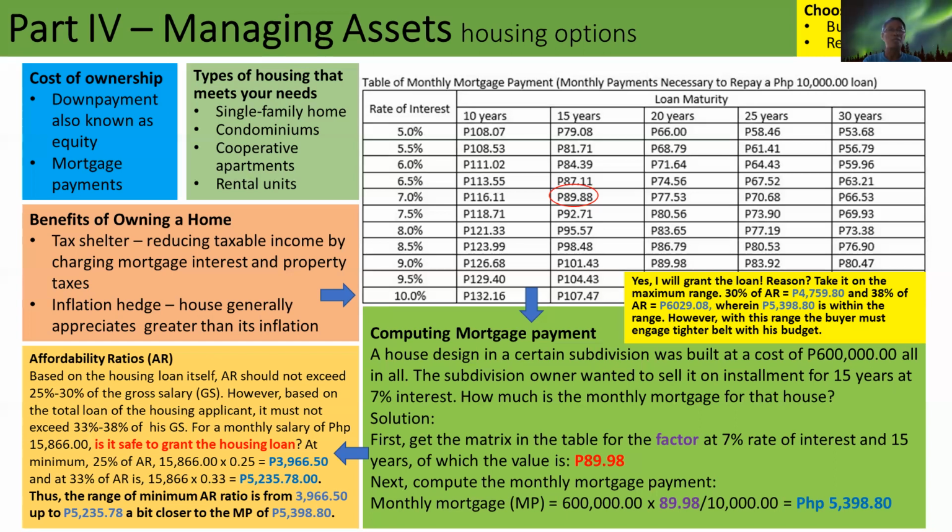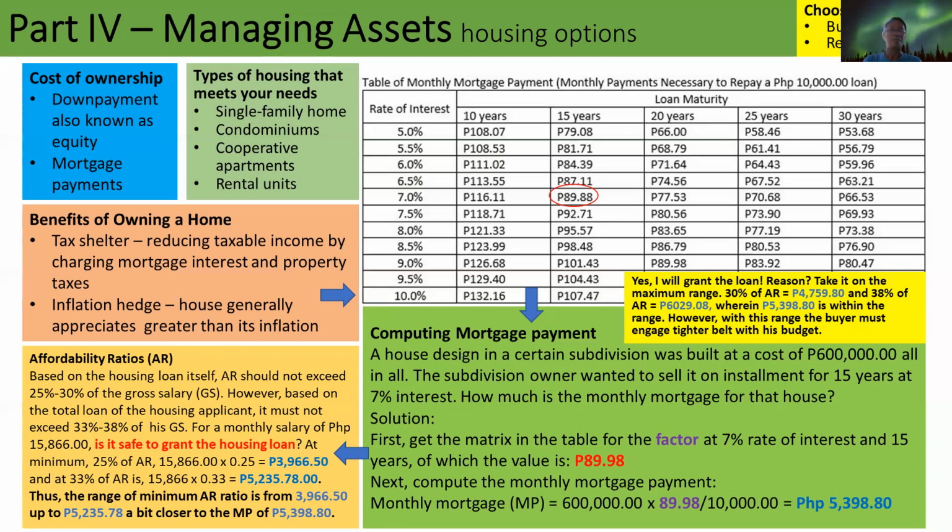So anong assumption natin ngayon? So kung ako ang magko-compute, I will not base it on the housing loan. I will base it on the total loan of the applicant. Diba? Mas safe ang computation based on 33 to 38% of the gross salary.